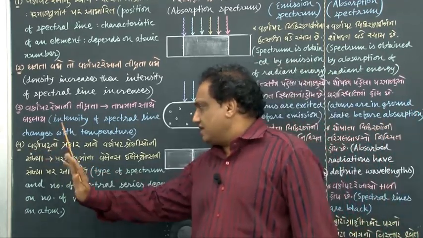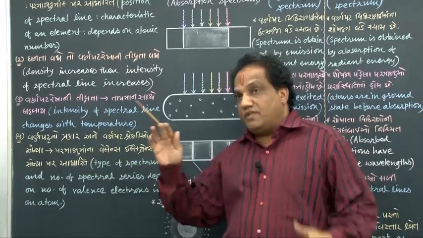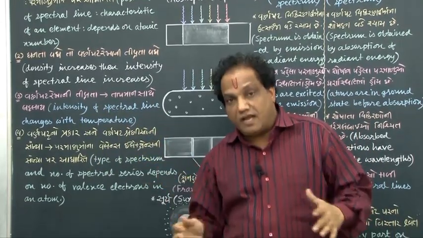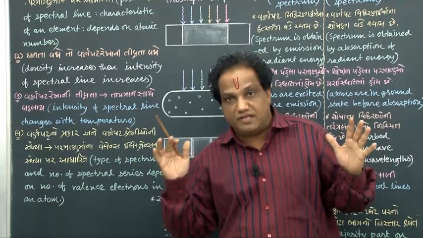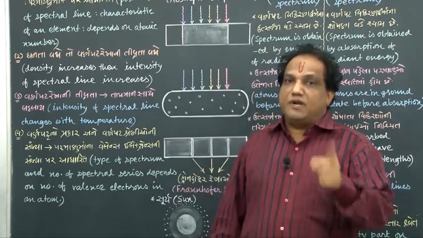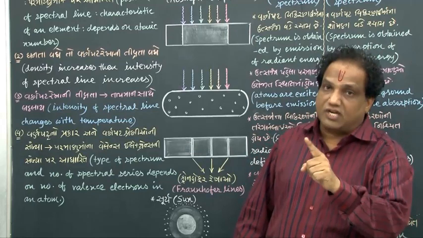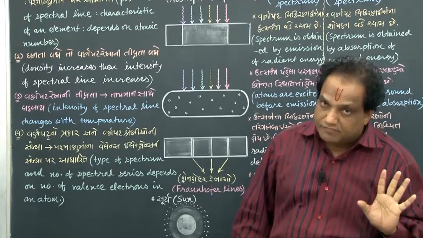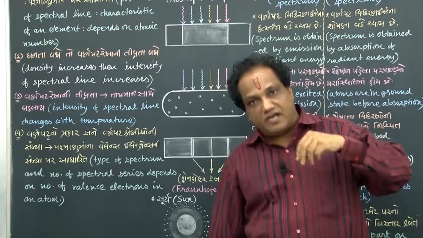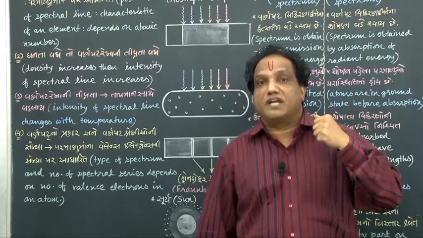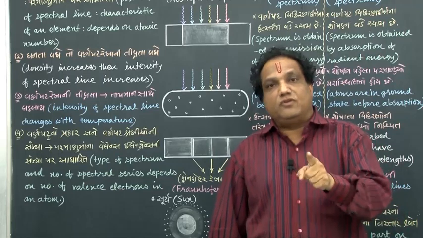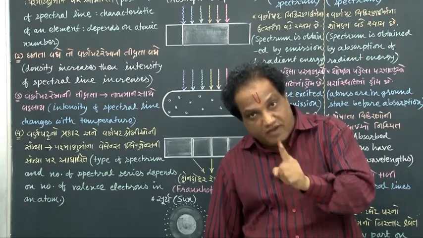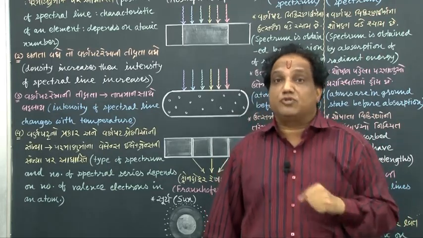And the last characteristic: what will be the type of spectrum and how many spectral series we will obtain in a spectrum depends on how many valence electrons are there in the atom. For different atoms, if they have different numbers of valence electrons because they are made up of different elements, then depending upon the number of valence electrons, you may have different types of spectrum.